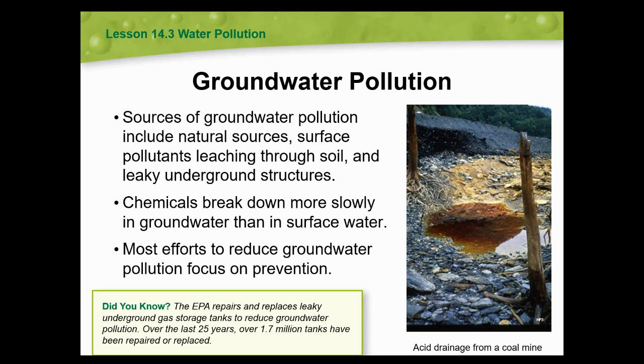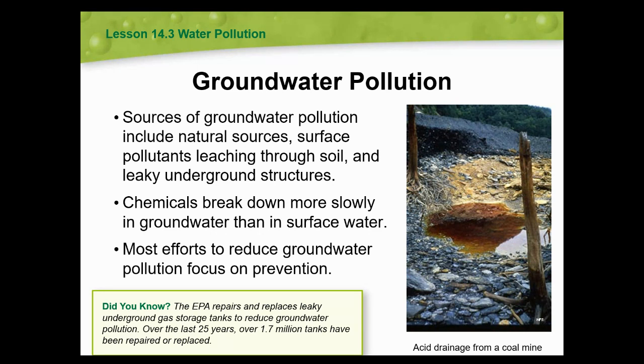A lot of places where we have this leaching into the groundwater have been named Superfund sites. And so they can do a bunch of different things to mitigate the groundwater pollution and try to keep the pollution from getting into the groundwater if it hasn't already. There's a lot of different options that they have for containing that.